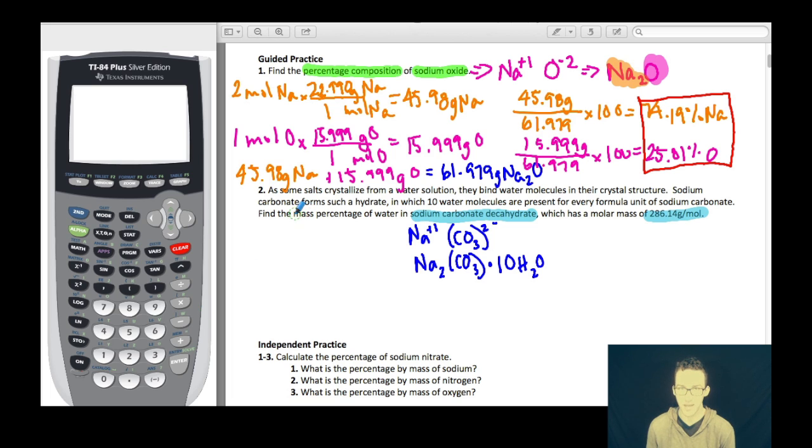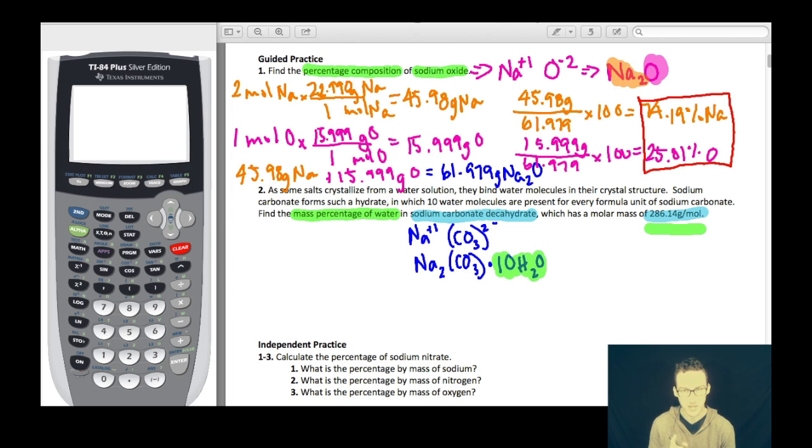Now, we're looking for the mass percentage of water in this problem. And so as we look at this, we want to know how much water we have in this whole thing. So what part water of the whole do we have? Now what's really nice about this problem, it's given us the molar mass. So we don't have to figure out what the molar mass of this thing is. We could just use what's in the problem.